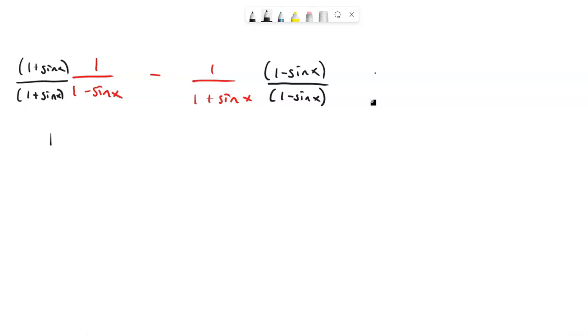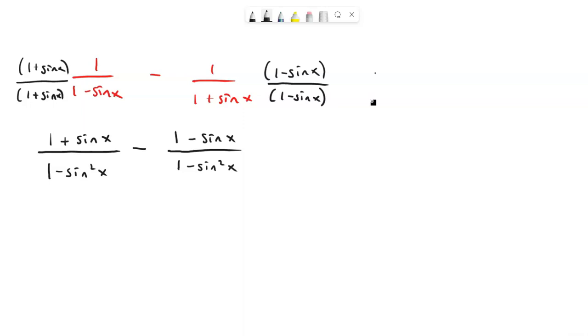So I end up with a 1 plus the sine of x over, if I look at that denominator, let's multiply them together. 1 times 1 is 1, minus sine plus sine goes away, sine times negative sine squared, minus 1 minus sine x, and when we multiply these together, we better get the same thing, right? 1 times 1 is 1, minus sine plus sine goes away, sine x times negative sine squared x.